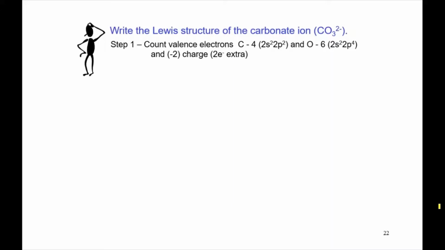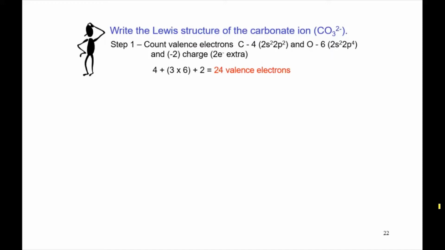Don't forget that. So I have 4 from carbon, 6 times 3 from the oxygen, and the 2 extra ones. So that's 24 total. Don't forget those 2 extra electrons.